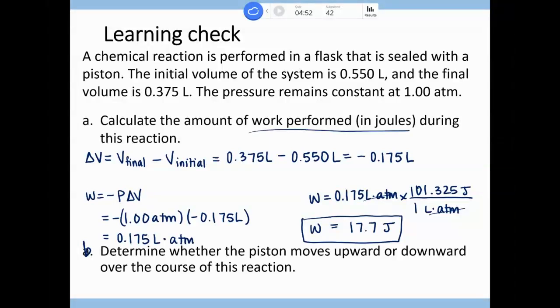Work is positive, which means the surroundings are doing work on the system. And we're decreasing in volume. So if we're decreasing in total volume, then the piston should be going downward. So it is downward.